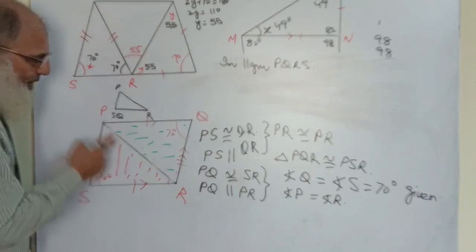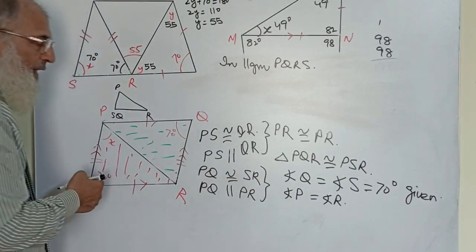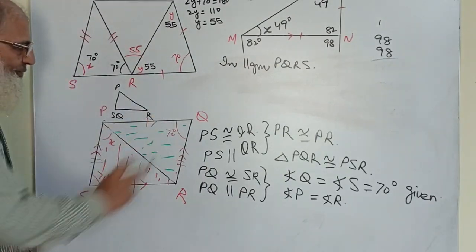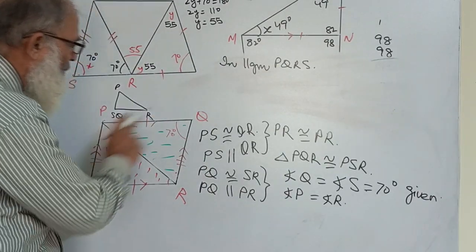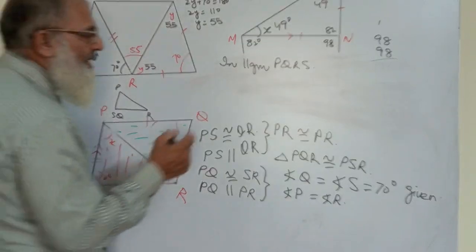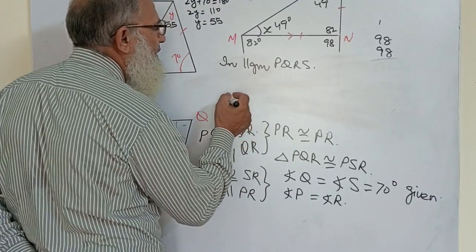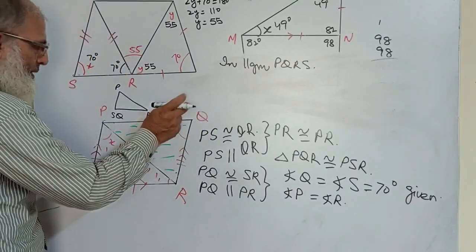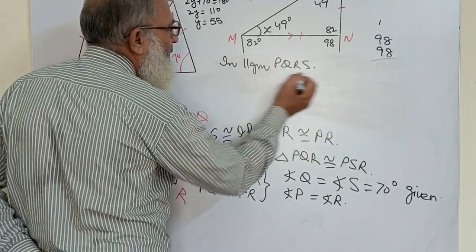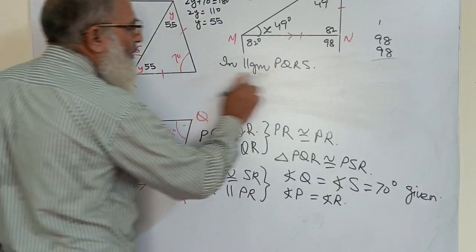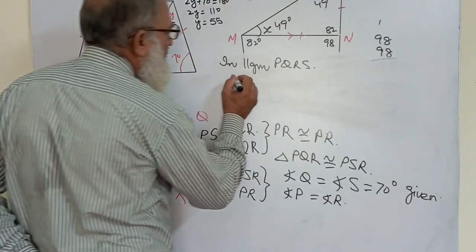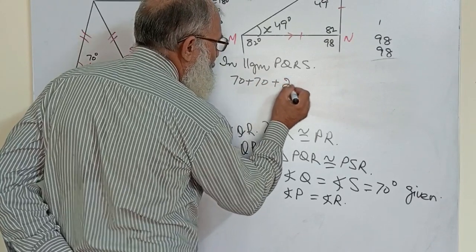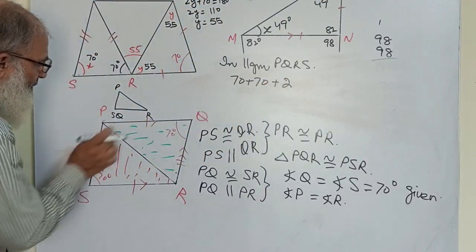Now we know that P is equal to R, and we also know that the whole quadrilateral has interior angles summing to 360 degrees. So in parallelogram PQRS, 70 plus 70 plus 2 similar angles.